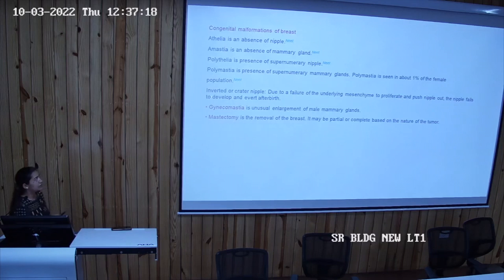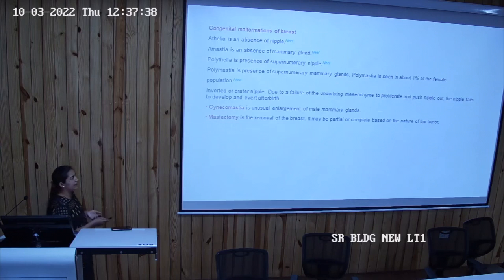Then newborns can also present with inverted or retracted nipples, because the underlying mesenchyme is missing. When you study embryology, you will know what the term mesenchyme is. It is the tissue whose proliferation causes growth.